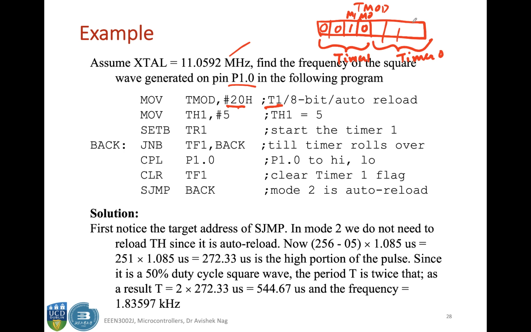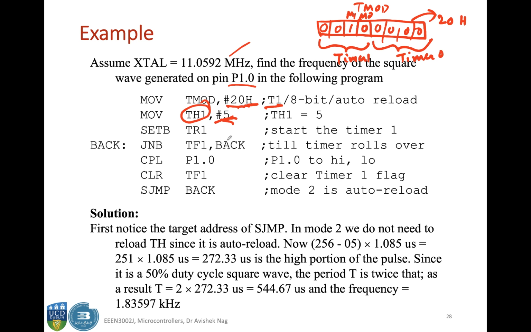So this makes 20 hex. That is loaded here in TMOD, and then you are moving a number only to TH1. This is an 8-bit mode, so you move an 8-bit number to TH1.